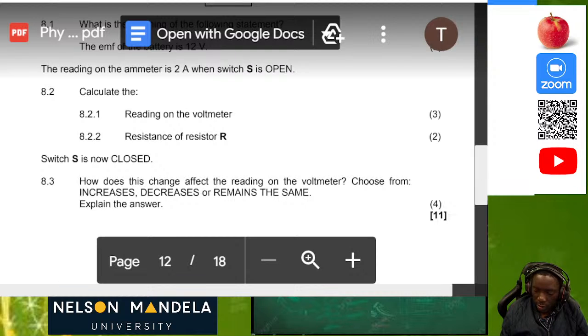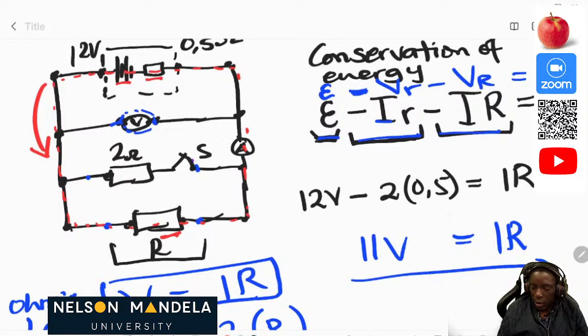okay, let me just clear that a bit. So when we close switch S, it means current now flows through the first branch and the second branch parallel to it, through the 2 ohm resistor and the 5.5 ohm resistor.